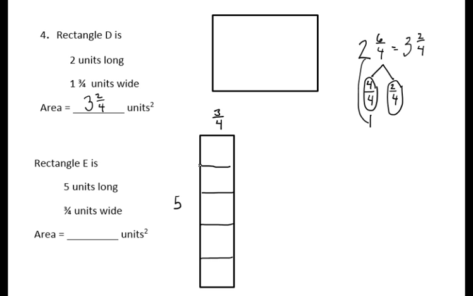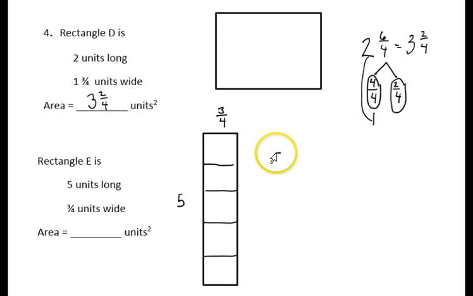So each of these pieces is only going to be 3/4, because saying 5 times 3/4 is the same thing as saying 5 rows of 3/4. So each of these rows represents 3/4. Now I just have to add all of my 3/4 together. Well, 3, 6, 9, 12, 15.